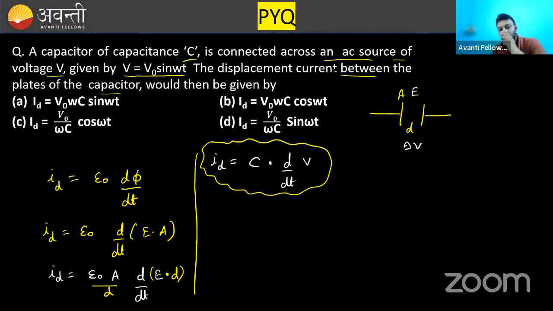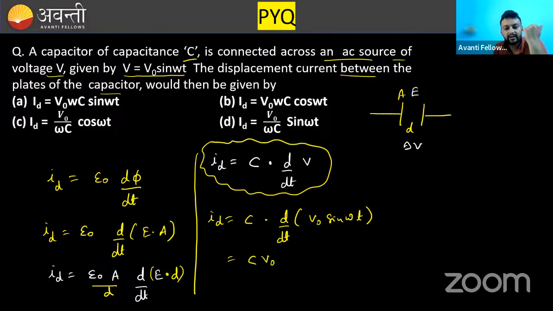Gauri is saying option B is correct. Now let's check. I_D equals C d over dt of V naught sine omega t. C is already outside, and V naught is a constant, so I can take it outside. The differentiation of sine omega t is cos omega t, and the differentiation of omega t is omega.